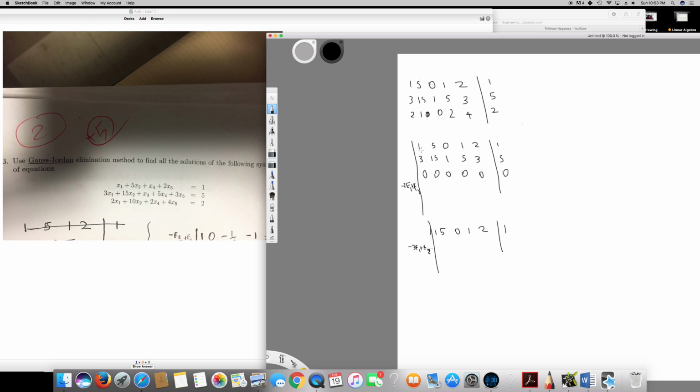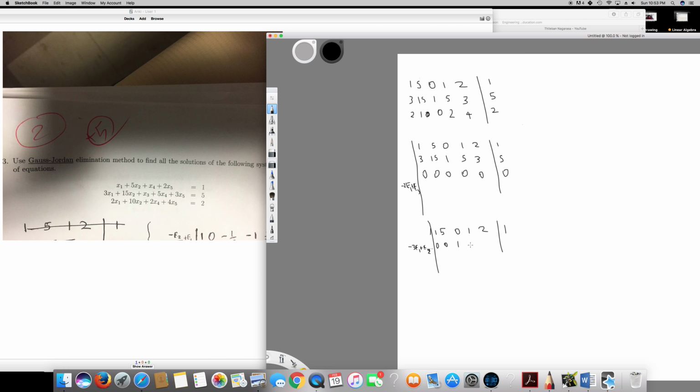So if I multiply the first equation by -3, it's -3 plus 3 which is 0, and -3 times 5 is -15 plus 15 is equal to 0, and -3 times 0 is 0, 0 plus 1 is 1.